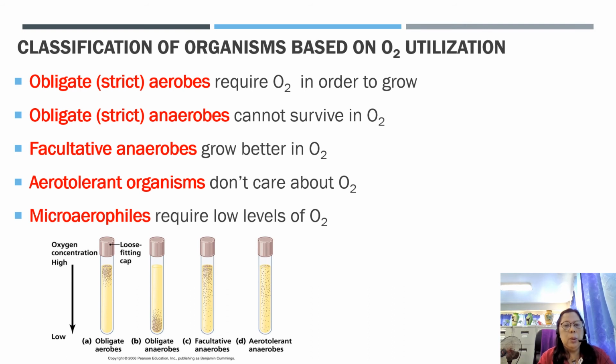But there are those that need fermentation that requires oxygen. And then facultative anaerobes, they grow better in oxygen. Aerotolerant, they don't care about oxygen. So microaerophiles, they require a low level of oxygen.